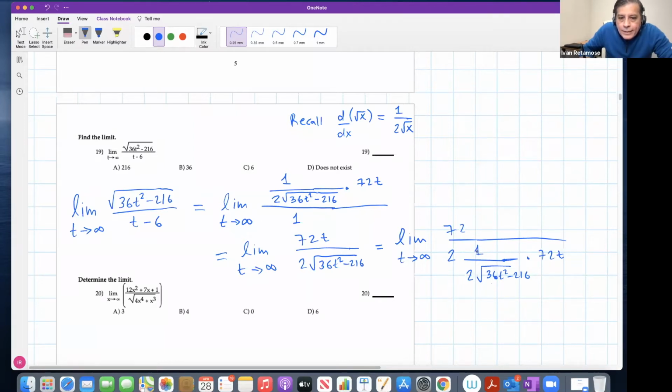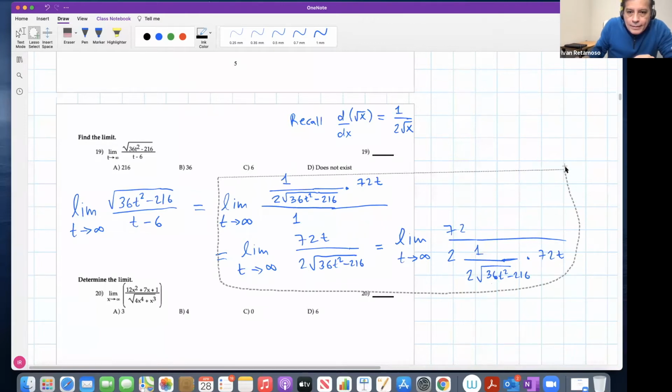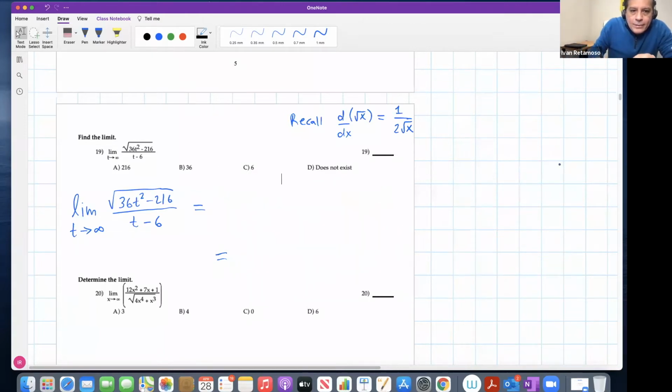So let's remove this and use the other method that I showed you.